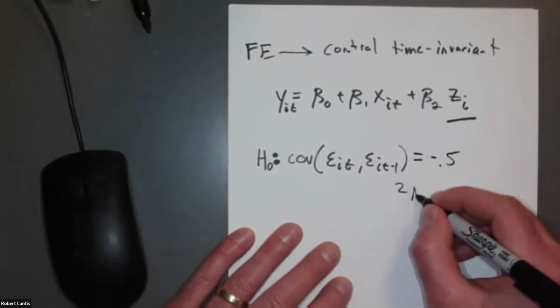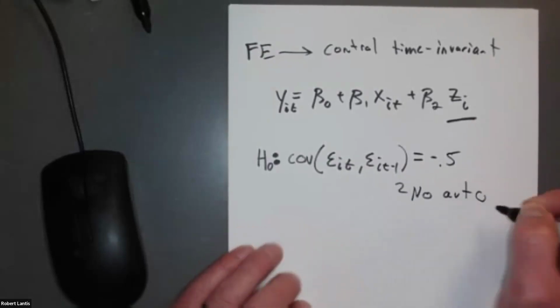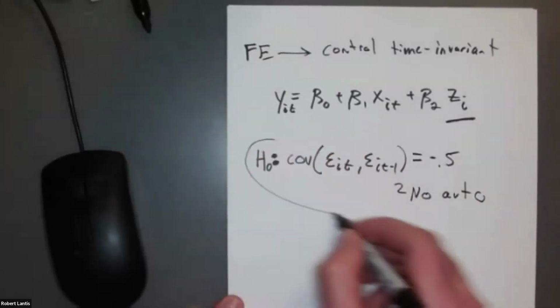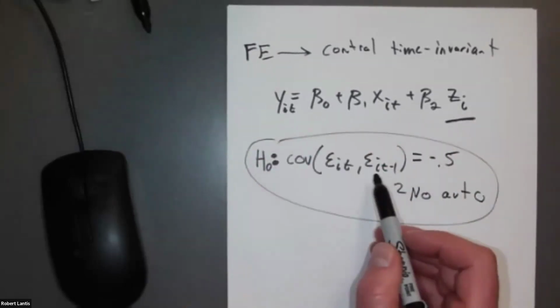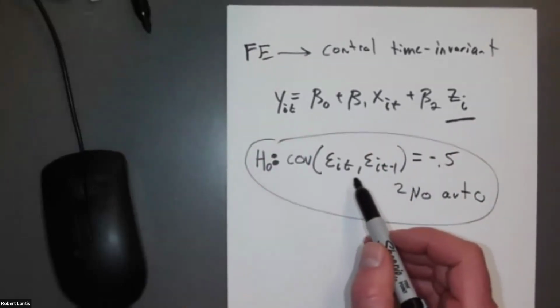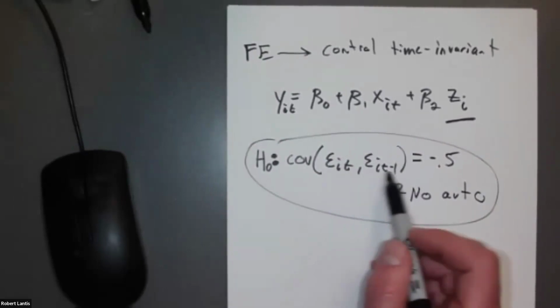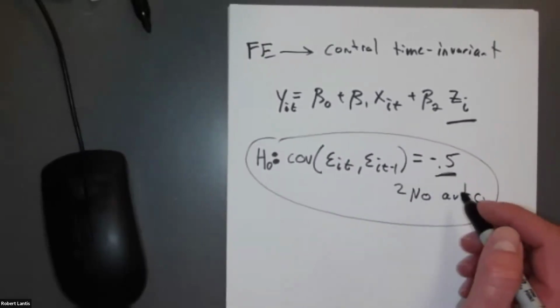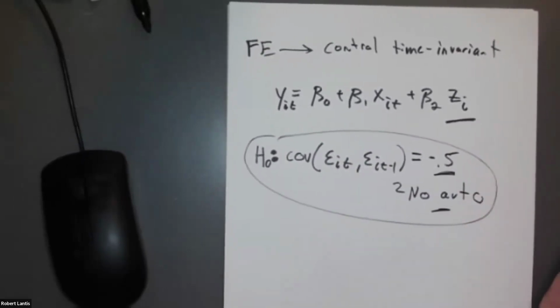That means we would have no autocorrelation. So our null for that Wooldridge test is that the covariance of our error terms across these two time periods within the same subject is equal to negative 0.5. That would represent no autocorrelation. That's our null hypothesis, okay? So those might be two questions I put in that in-class quiz that I put up with the videos.